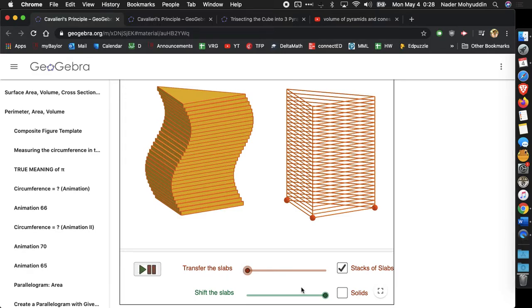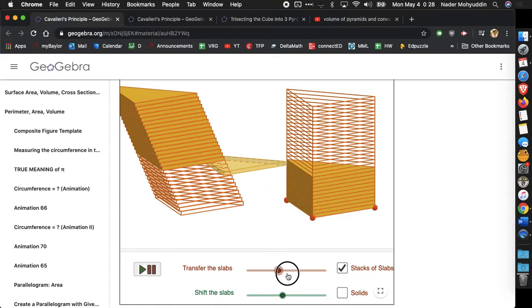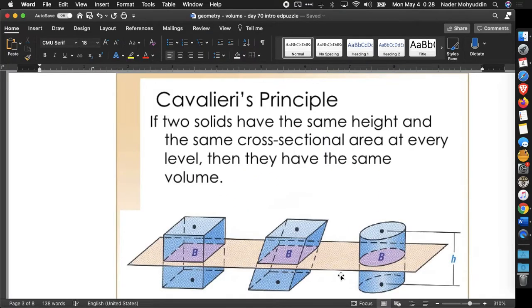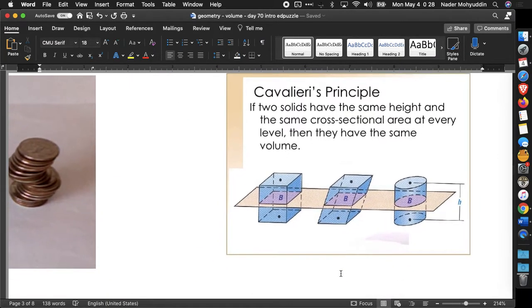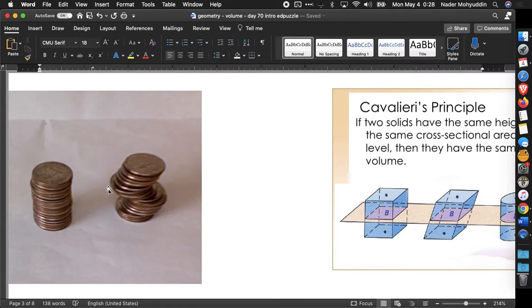Whether it's like this or this, the amount of stuff remains the same. So this is Cavalieri's principle. Now, in general, we deal with solids that have this perpendicular height to it, but even if it were oblique or non-perpendicular, we would still have the same volume. So that's a useful idea.